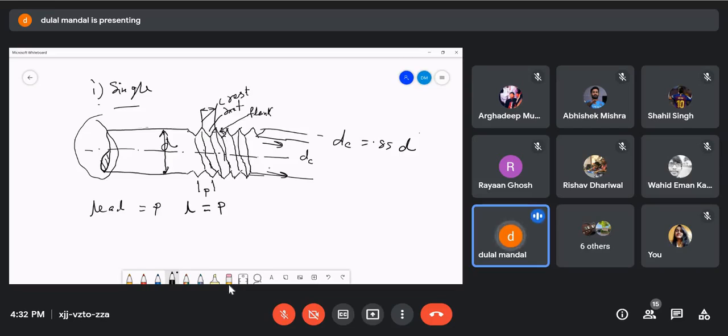That means the helix angle will be very small. What does it mean? The contact surface between the nut and the bolt will be very less, so the frictional force will be very less. So for a number of cases, double thread or triple thread is not used. Mostly we will be using the single thread.